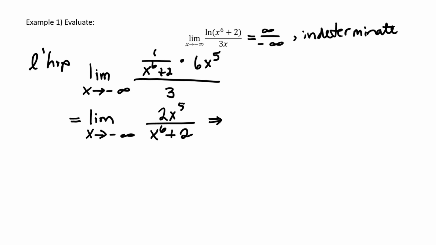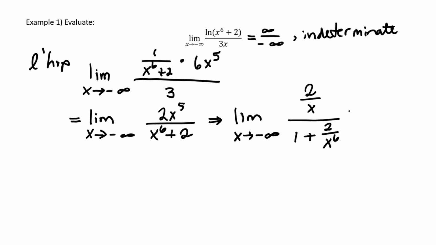So I'm going to write this as the limit as x approaches negative infinity of, we'll divide by x to the 6th, so you'll get 2 over x in the numerator, and in the denominator, x to the 6th over x to the 6th is 1, and then we still have 2 divided by x to the 6th.